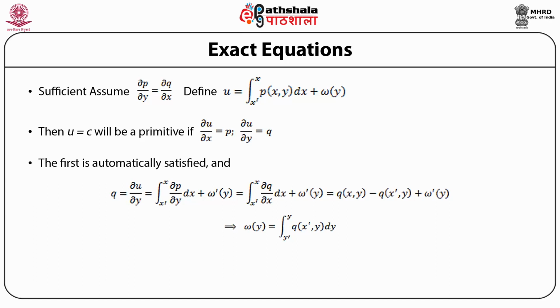From the second, q is equal to ∂u/∂y, which is equal to the integral of ∂p/∂y dx within the definite limits x' to x plus w'(y), which is equal to the integral of ∂q/∂x within the definite limits x' to x plus w'(y), which is equal to q(x,y) minus q(x', y) plus w'(y).